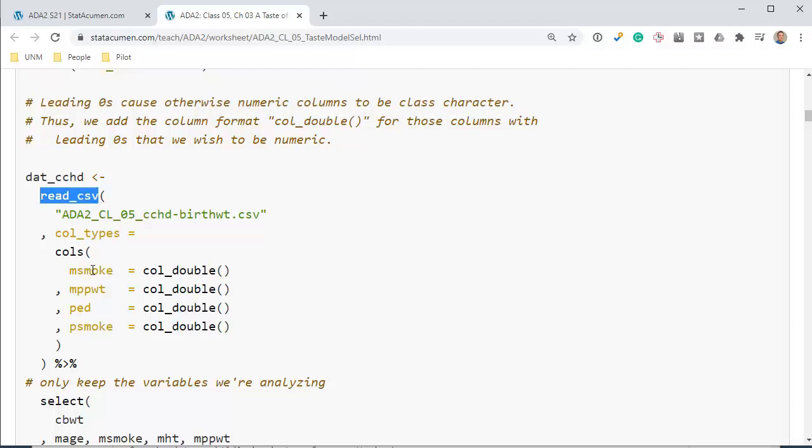And for a lot of these, because the data are sorted, I believe, for some of these columns, it doesn't identify that they're numeric because all the values for the first 100 or so rows are all zeros. And therefore, the function interprets all zeros as being, well, maybe this is categorical, and 0 is one of the levels of this categorical variable. So we actually need to manually tell it that this is a double, meaning a double precision numeric variable. So we assign those column types manually.